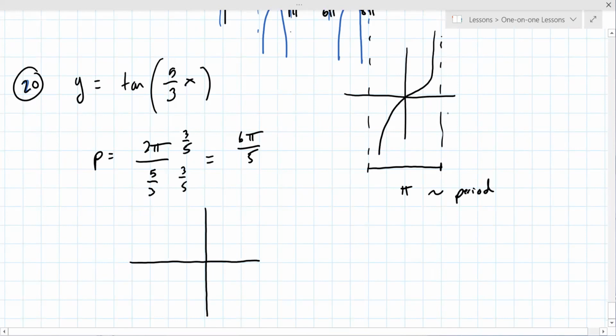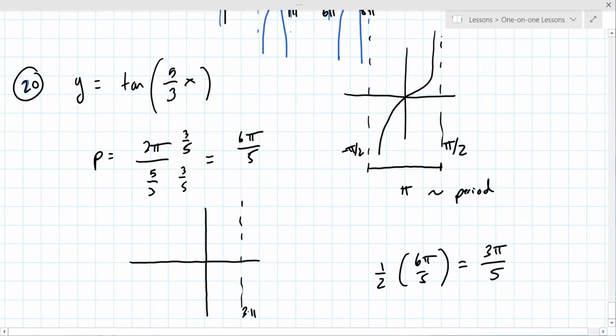Like you probably know that this over here is pi over 2 and this is minus pi over 2. You have to figure out what half of this is. So 1/2 of 6 pi over 5 is 3 pi over 5. And that's your width here. That's 3 pi over 5. And then over here, it's minus 3 pi over 5.